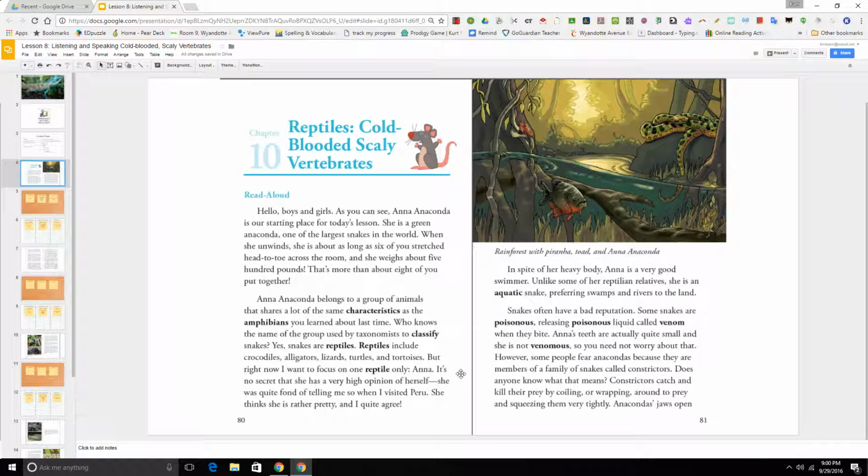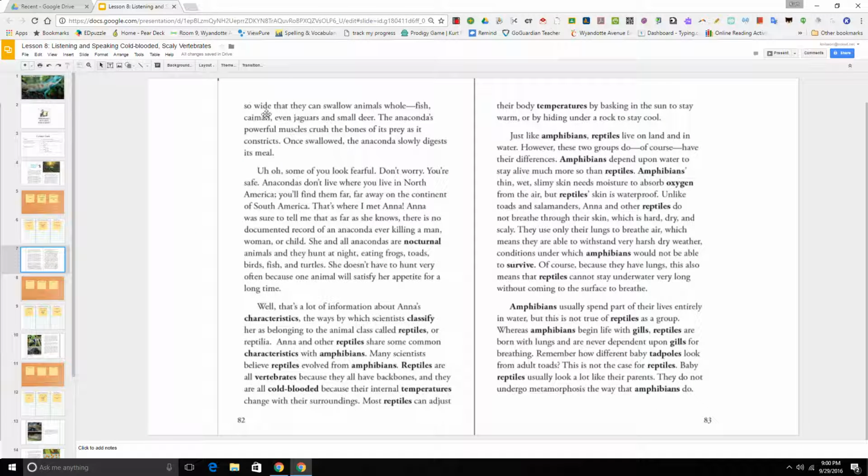Okay, so as I was reading, I left off with anaconda's jaws open so wide that they can swallow animals whole, fish, caiman, even jaguars and small deer. The anaconda's powerful muscles crush the bones of its prey as it constricts. Once swallowed, the anaconda slowly digests its meal.